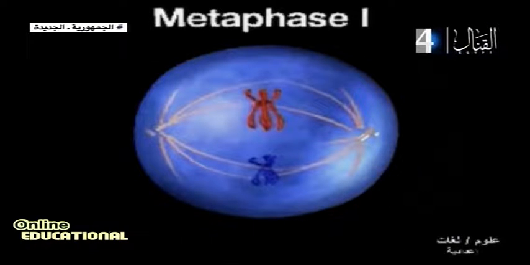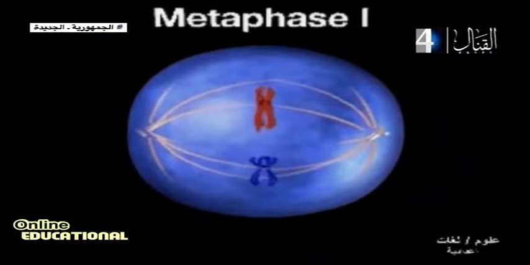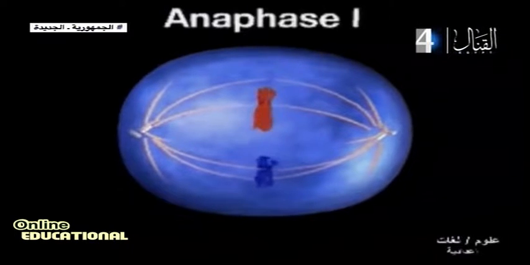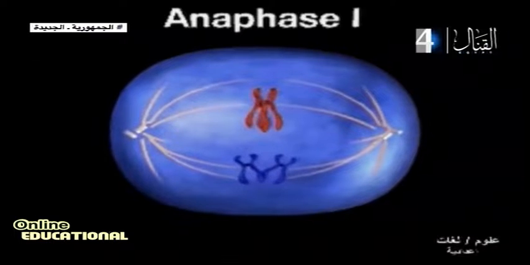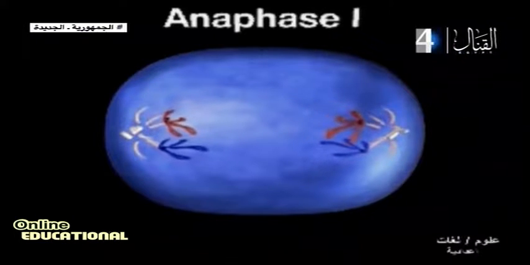Now we start the third phase, which is anaphase 1. What happens in anaphase 1? Spindle fibers shrink and chromosomes move to the two poles of the cell. This is the difference between meiosis and mitosis division.